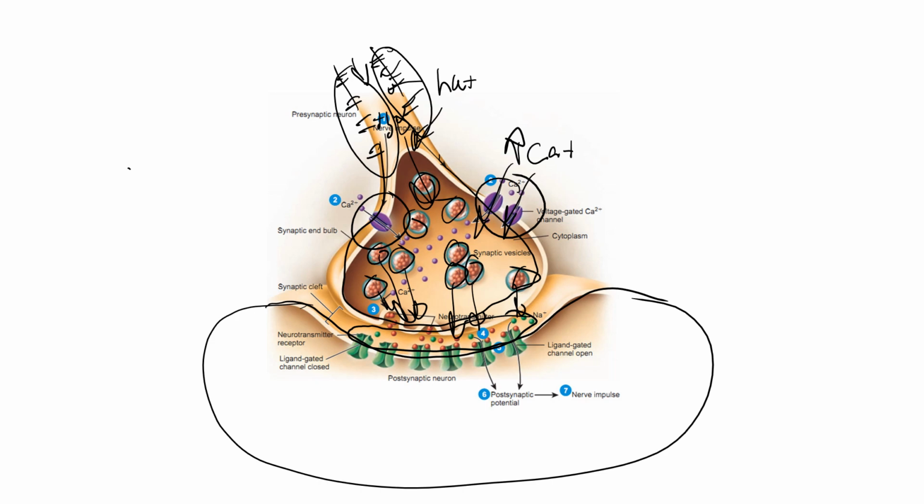It would just be an axon terminal button, for example, meeting a skeletal muscle fiber. Okay, that's still a synapse. Where the axon terminal button of a neuron, the presynaptic neuron, meets another cell. If the other cell is not a neuron, it doesn't matter, right? It's still a synapse. But for the sake of making things easy, let's pretend that the other cell that the axon terminal button is forming a synapse with is another neuron.